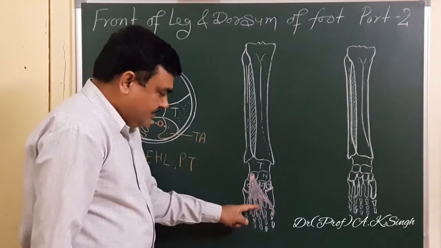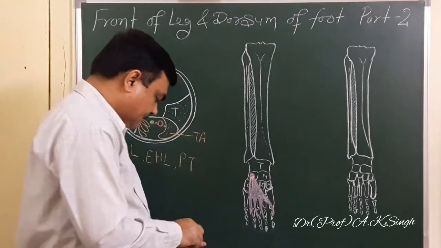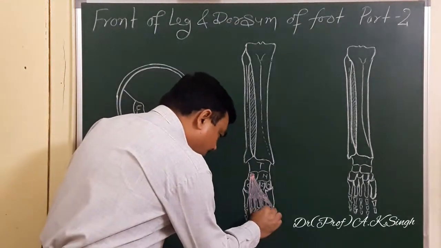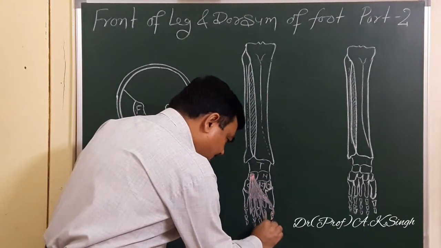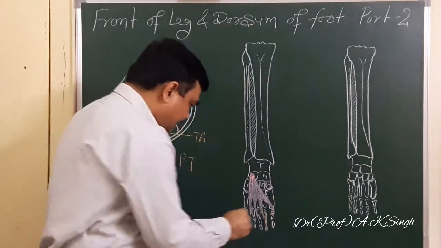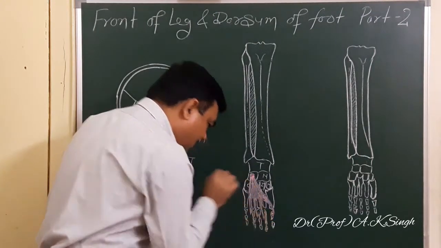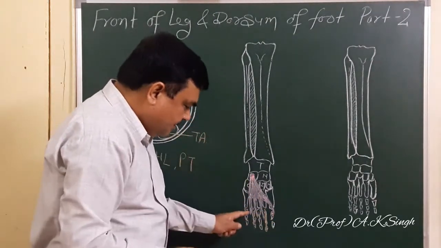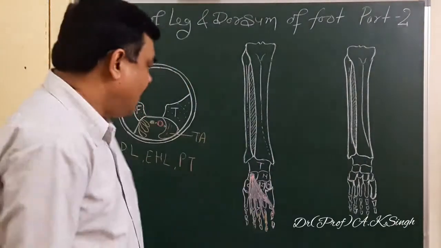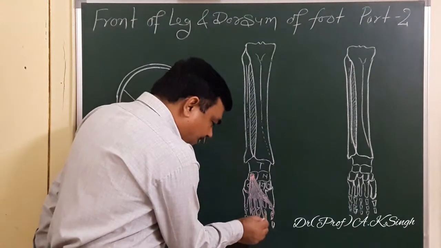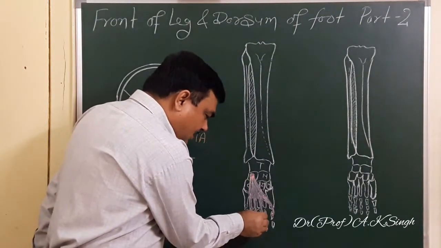The second tendon of this is inserted on the tendon of extensor digitorum longus. So these 3 tendons of the extensor digitorum brevis are inserted on the lateral side of the tendons of the extensor digitorum longus.